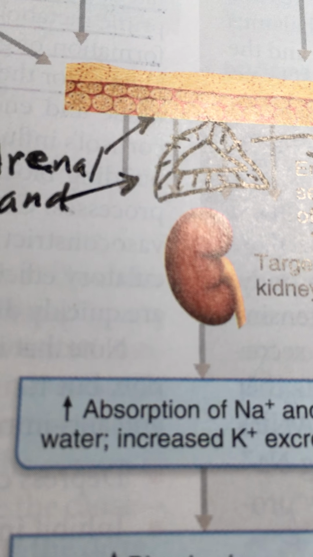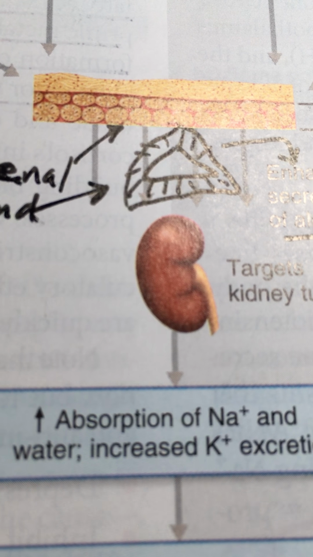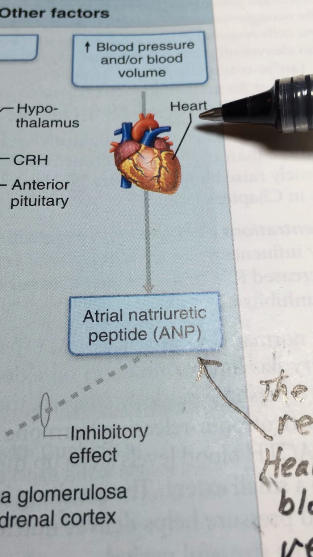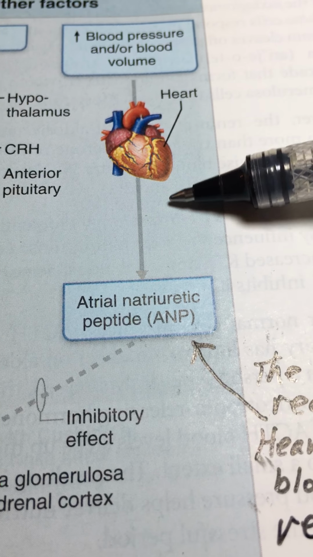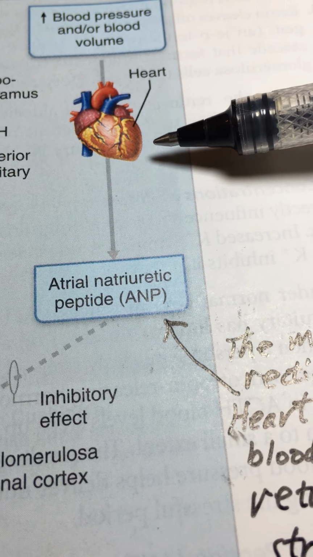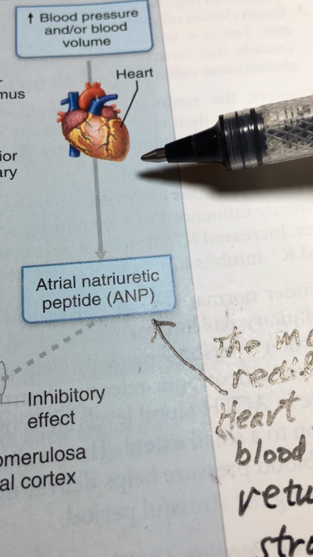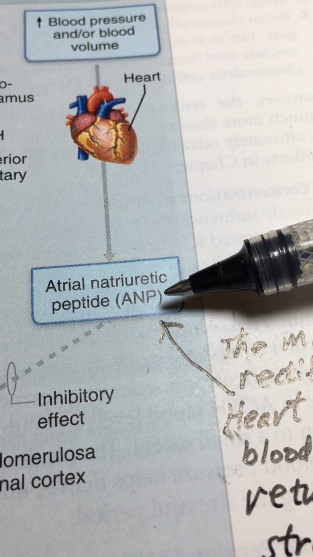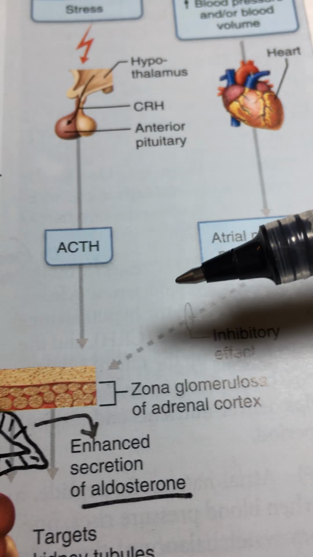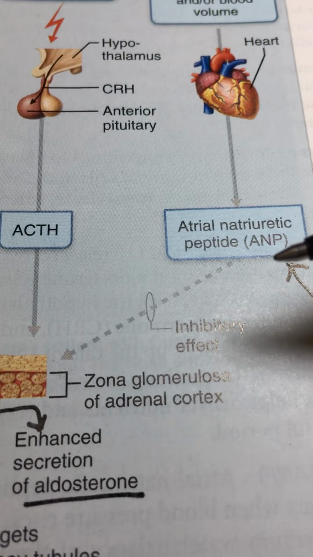Once we have enough water, hopefully we get inspired to drink some water as well, then we get what's called complete venous return to the heart. The heart is filled up with blood properly, no longer at low blood volume, and since we have a complete stroke volume, we get this special molecule that turns everything off that we just turned on.